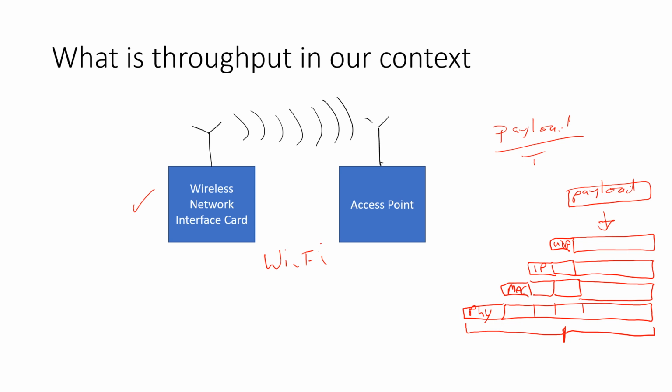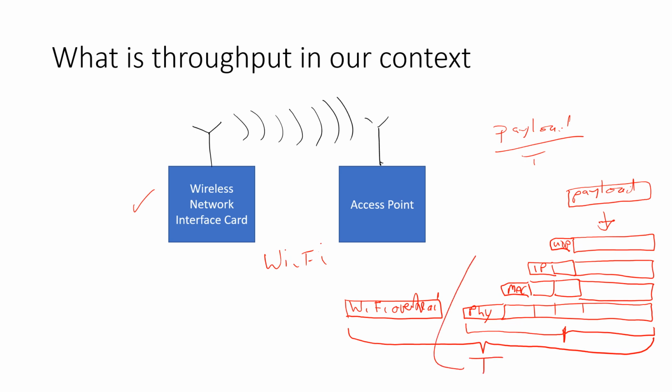So that's some additional time. I'm going to add that here and mark it as Wi-Fi overhead. So the overall time looks more like this. That period here is T.